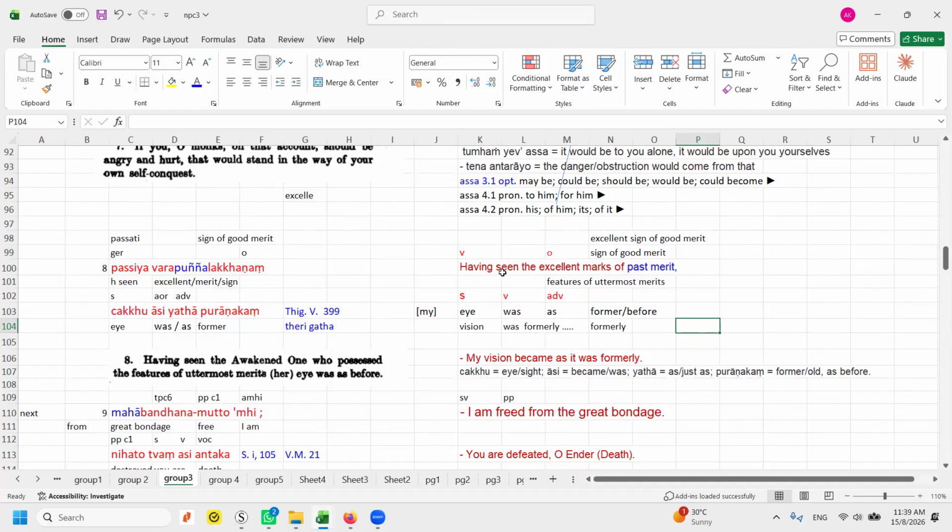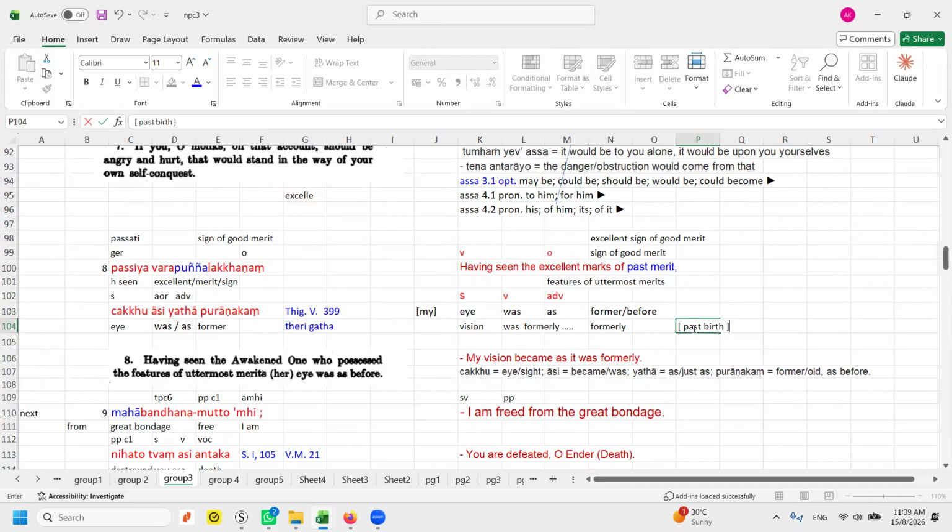So here, if you look, having seen the element of the past merit, in this case this is a spiritual eye, the vision of a former, probably former or before. I think it is talking about past birth.